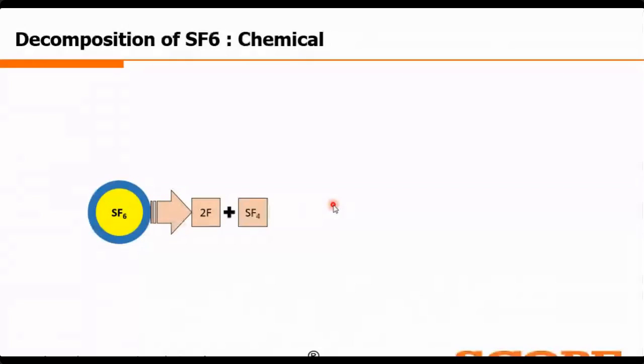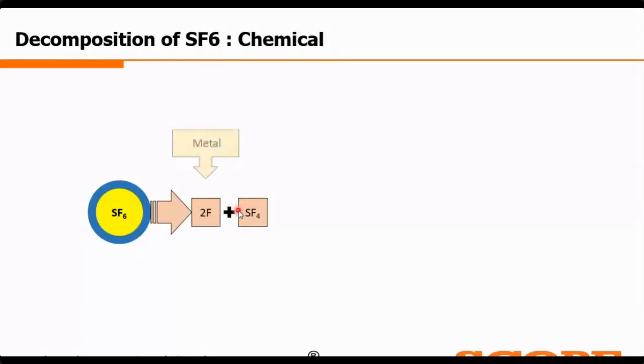Now, if we come to the decomposition scheme of SF6, this is the chemical decomposition of SF6, showing how the disintegration is happening inside the SF6 gas compartment. First, when the disintegration starts, you can see F minus and SF4 plus.